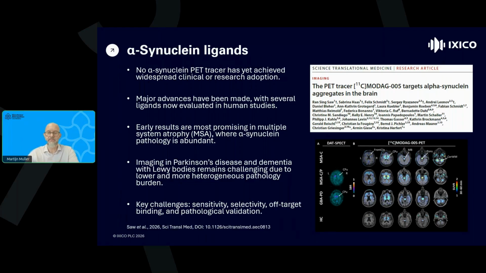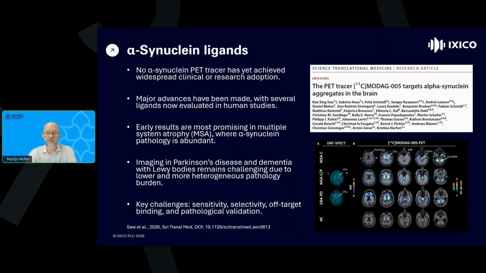While alpha-synuclein PET is not ready yet for routine use in trials, it remains one of the most active areas of biomarker development and could eventually transform patient selection, target engagement, and efficacy evaluation.